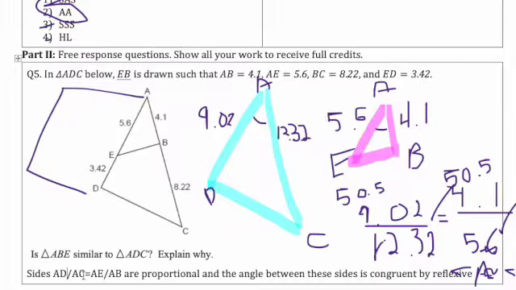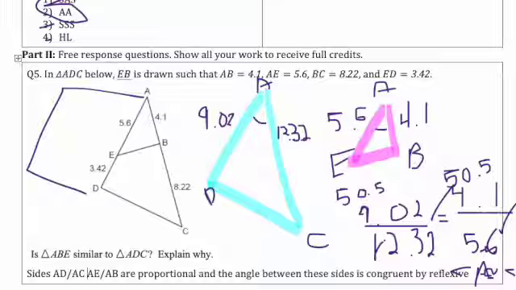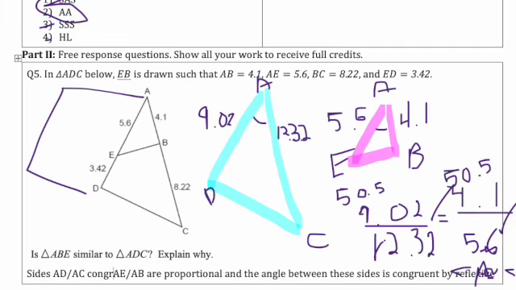Okay, so sides AD over AC as congruent. I don't want to use proportional, I want to use congruent. So the relationship of those sides are congruent to the relationship of these sides. You could even use the equal sign, but I like to use congruent.